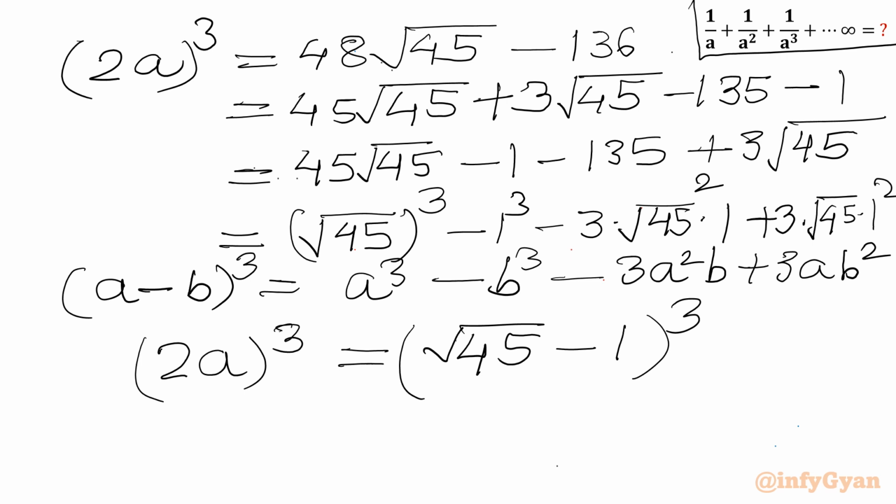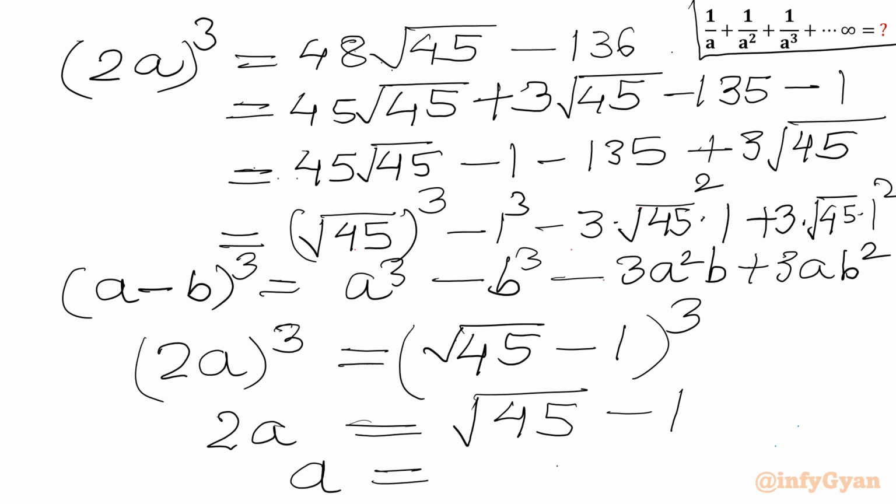And once I will consider cube root both sides, for real a, I will be getting 2a equal to square root 45 minus 1. Let's divide both sides by 2. A will become square root 45 minus 1 over 2. So this is the value of a. Let me write here. Minus 1 over 2.